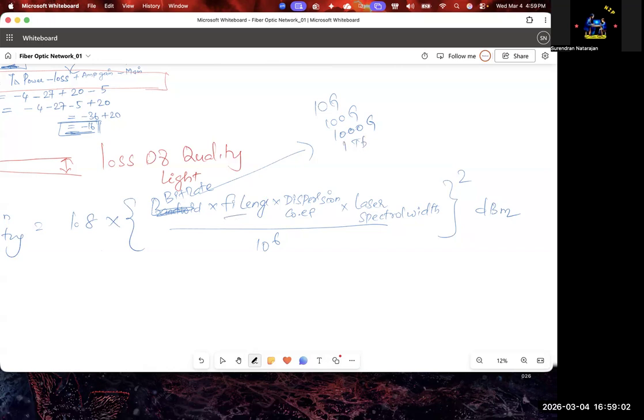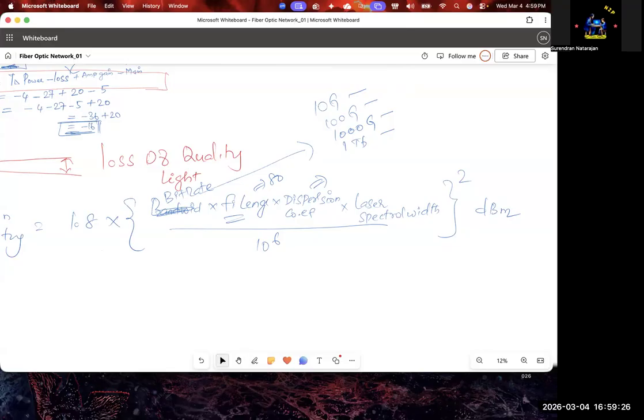Fiber length, we know that in our case it is 80 kilometers. Dispersion coefficient: for every bit rate there is a coefficient. They mention it in terms of nanometer per second.